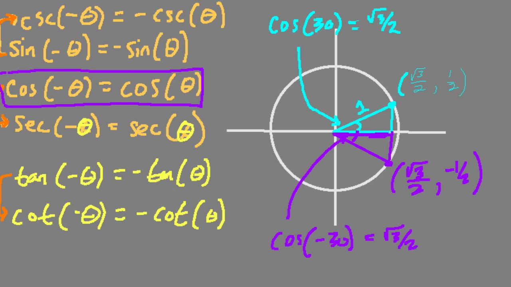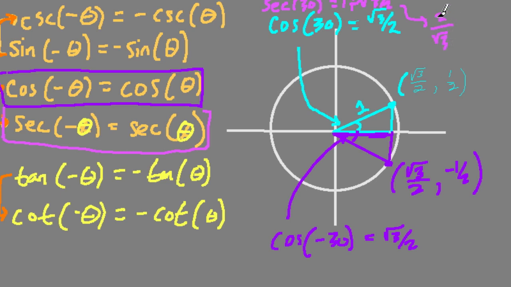We're not going to go through the secant here, but the secant is just the inverse of the cosine, right? So the inverse of radical 3/2, we can show real quick. The secant of 30 degrees is going to be 1 over the square root of 3/2, and that is going to equal 2 over radical 3.